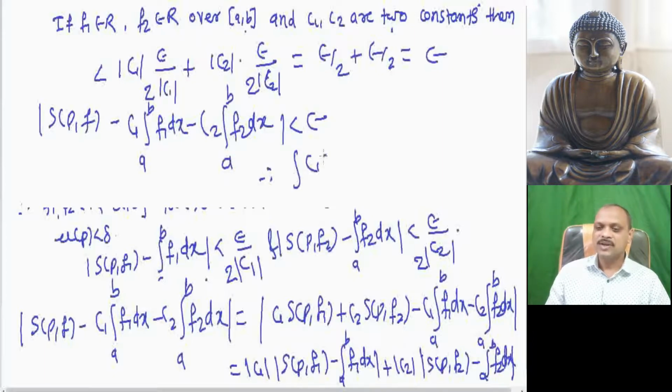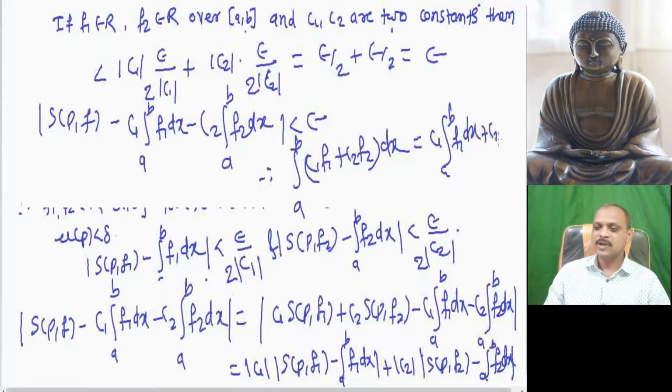Therefore integration of c1 f1 plus c2 f2 between the limit a to b is nothing but c1 into integration a to b f1 plus c2 into integration f2 between the limit a to b.